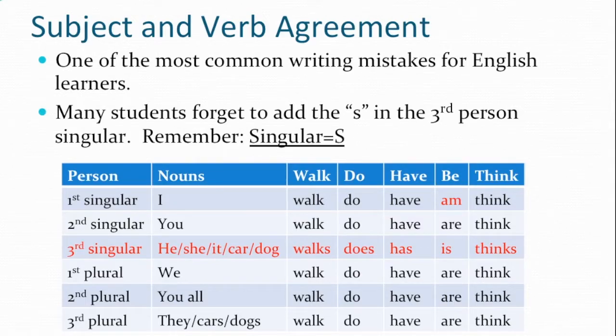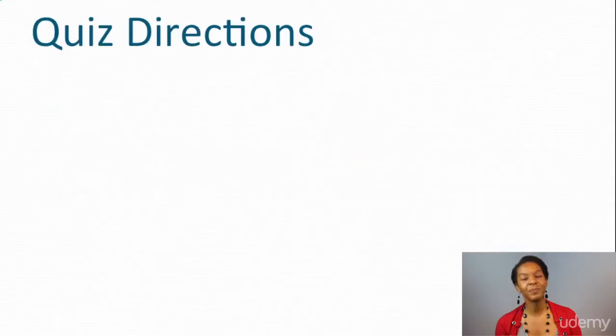You want to make sure any third person singular noun that you're always making it have that S form at the end. So with our plural nouns, like first person plural of we, you all, and they, cats, dogs, those are all going to stay the same.